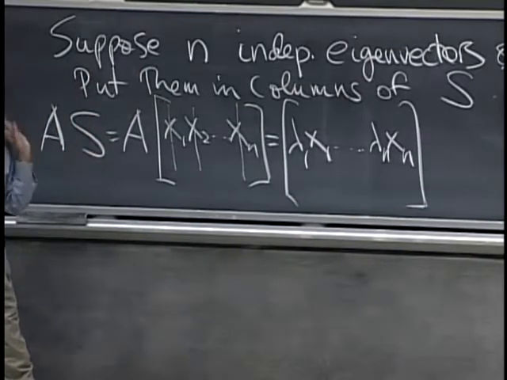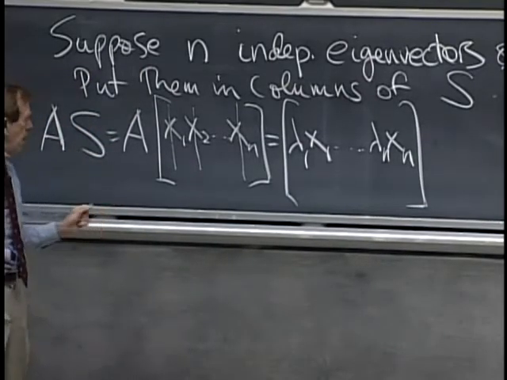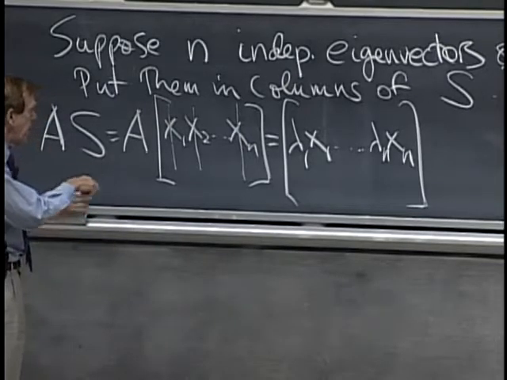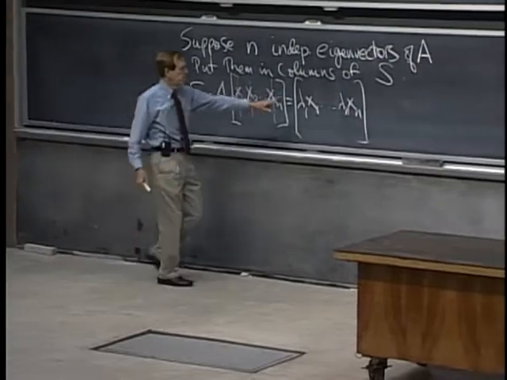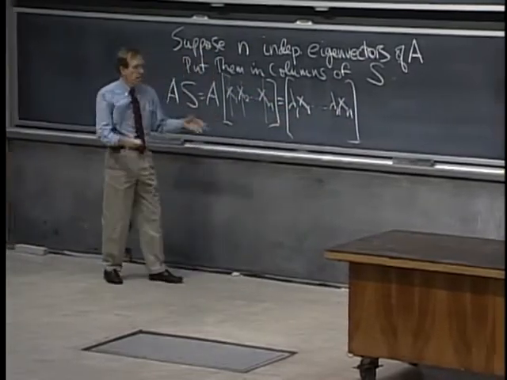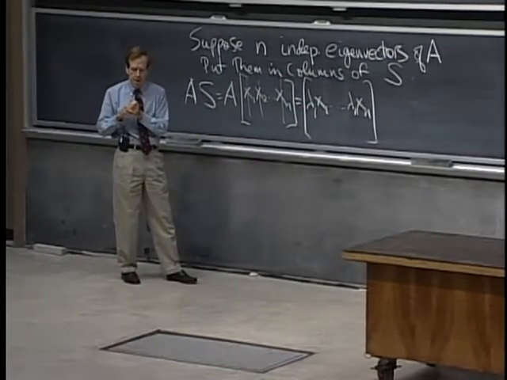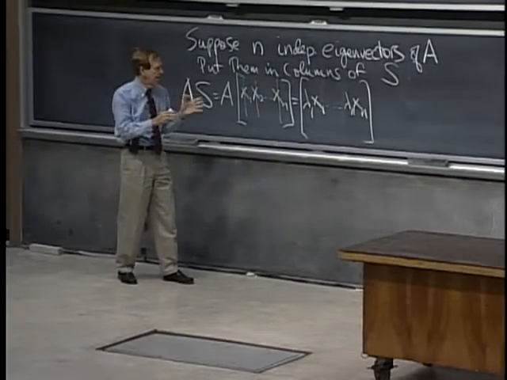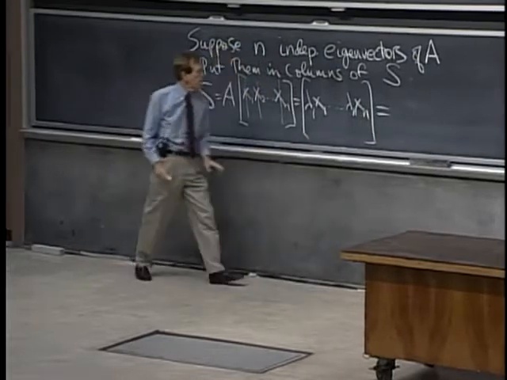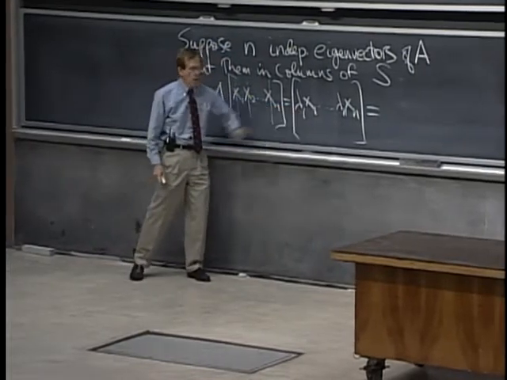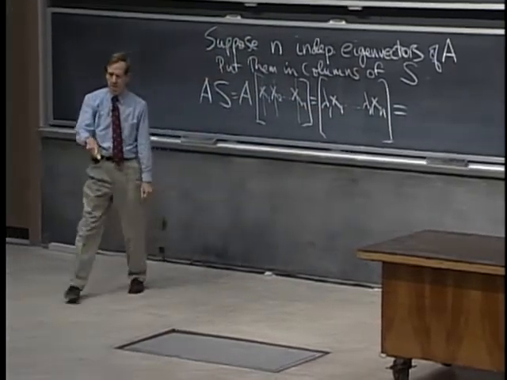Looking good, but the next step is even better. For the next step, I want to separate out those eigenvalues, those multiplying numbers, from the x's. So then I'll have just what I want. Okay, so how am I going to separate out? That number lambda 1 is multiplying the first column.